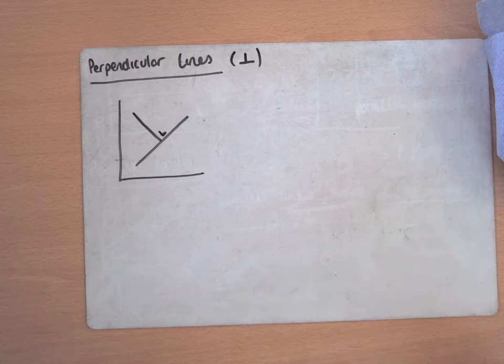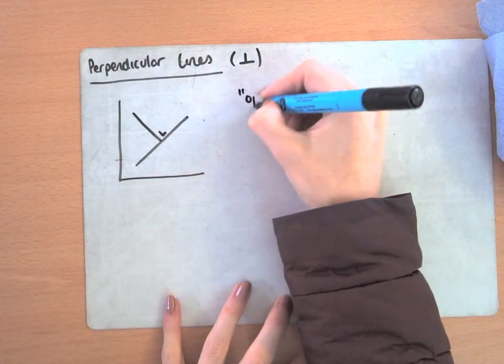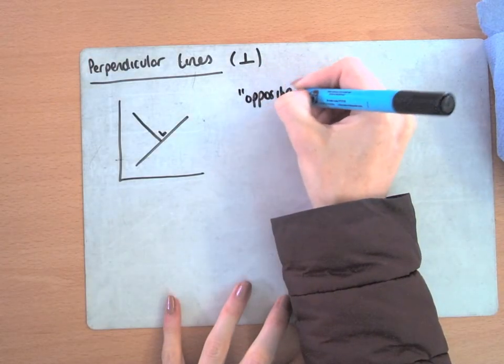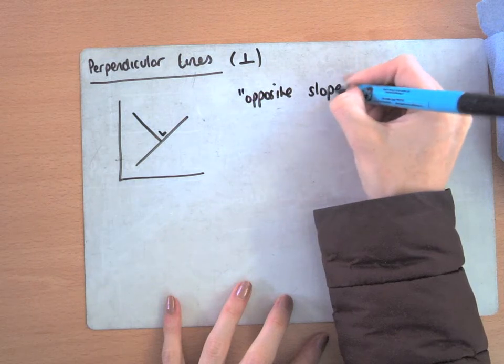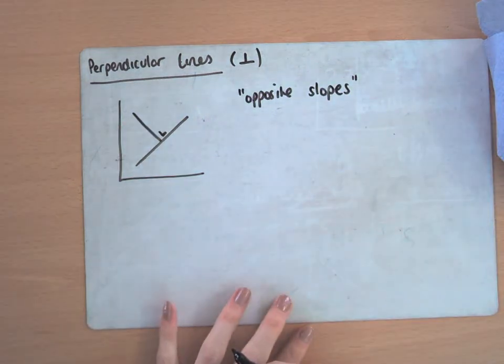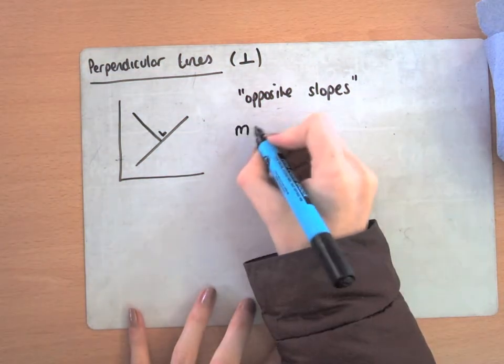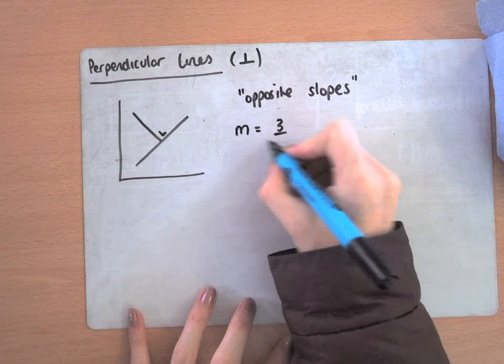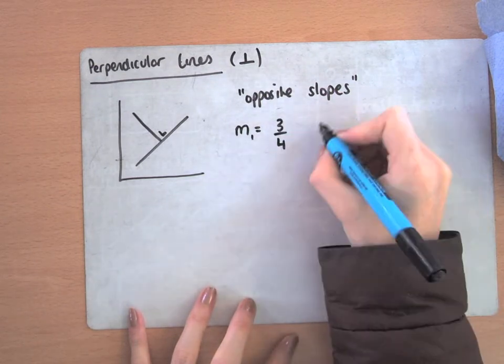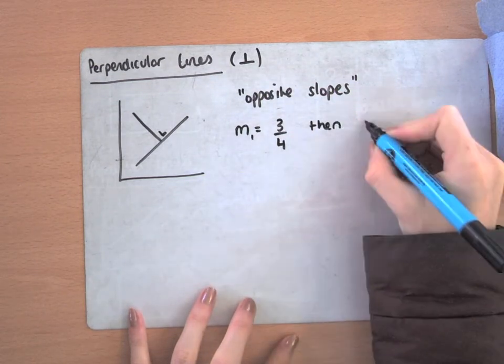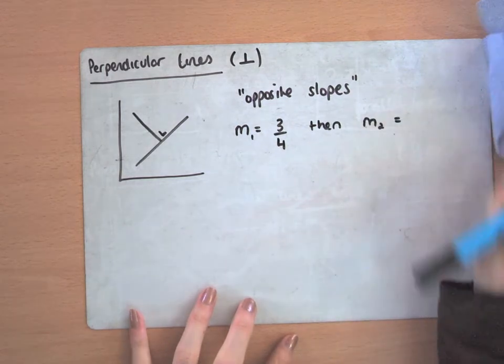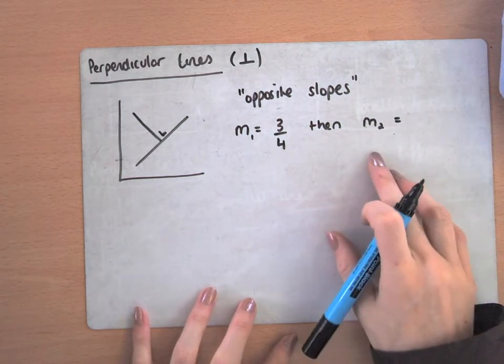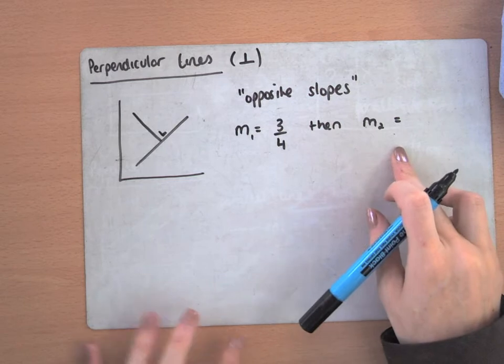We're going to remember that they have opposite slopes. So for example, if m1 is 3 over 4, then m2 will be 4 over 3.